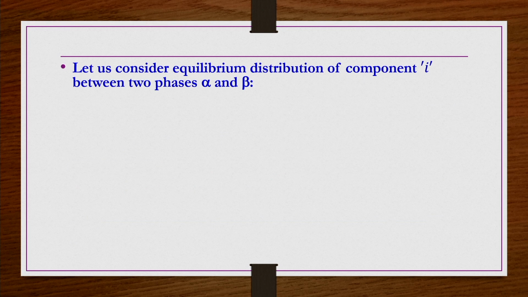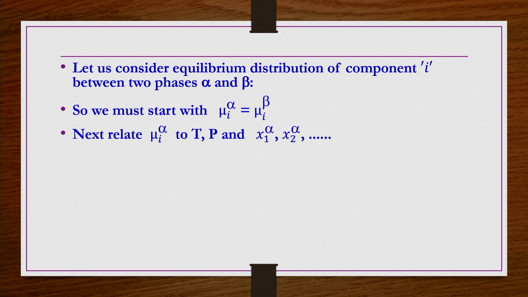So, how to do that? Let us consider the equilibrium distribution of component i between two phases alpha and beta. Then you have mu i alpha and mu i beta. So, you must start with mu i alpha is equal to mu i beta, and for this mu i alpha you have to make a relation. You have to relate mu i alpha to temperature, pressure, x1 alpha, x2 alpha, x3 alpha and so on, depending on the number of components present.